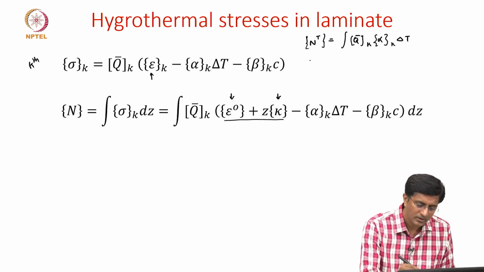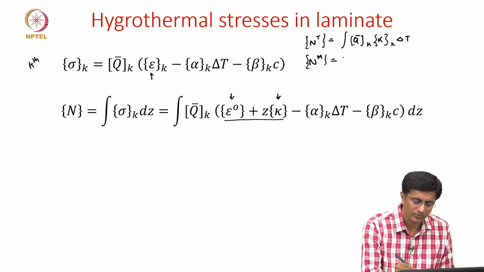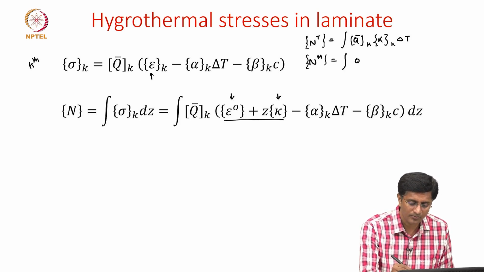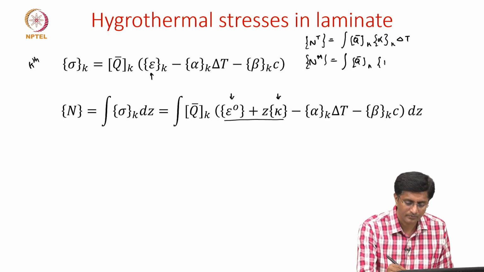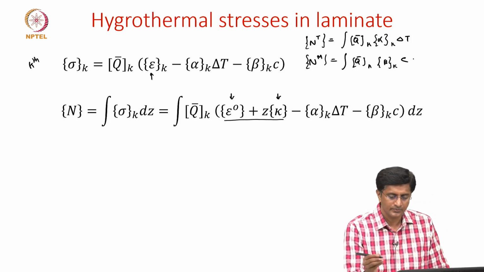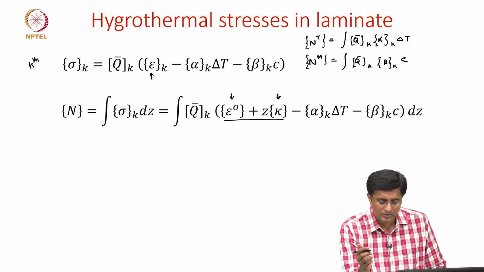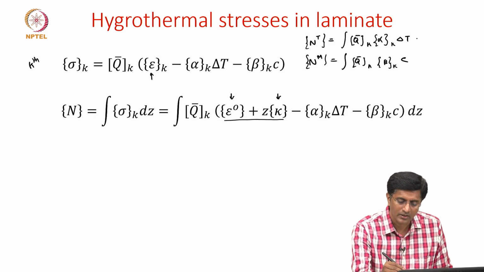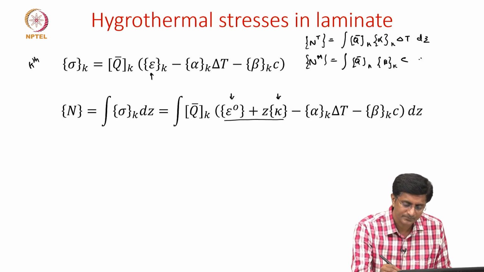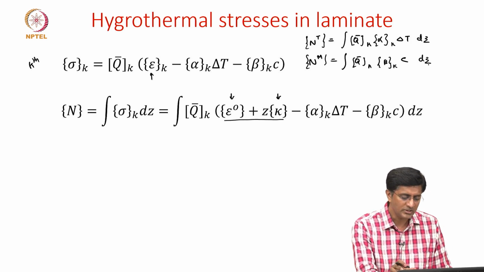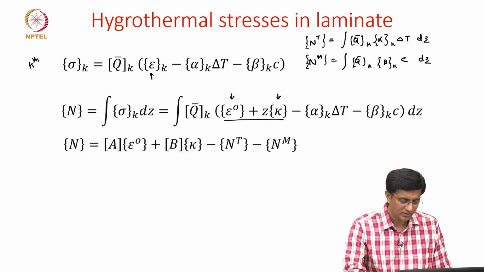And similarly, the forces because of moisture we'll write in a similar integral form, where it is Q times beta for the kth layer times C, with dz. So with these definitions, I should be able to simplify this equation further.